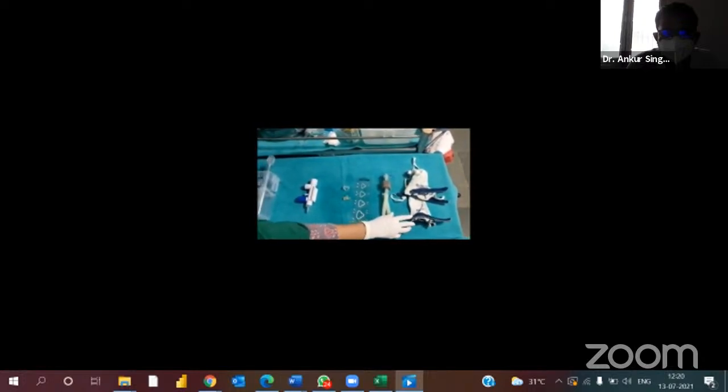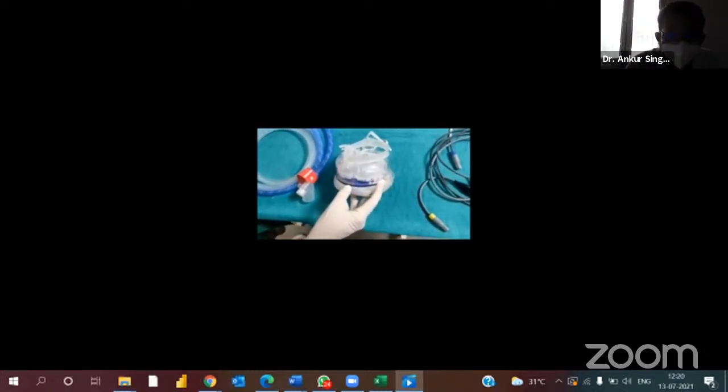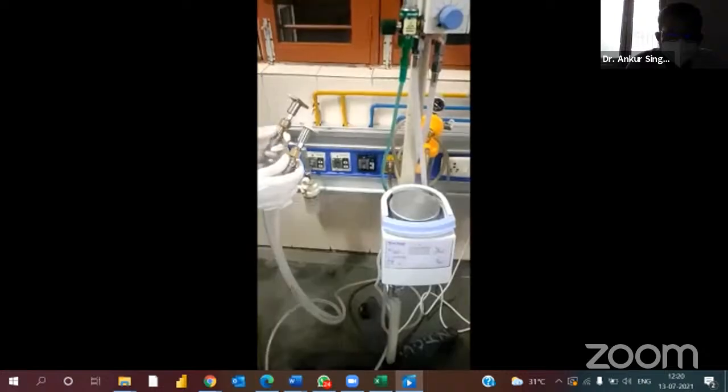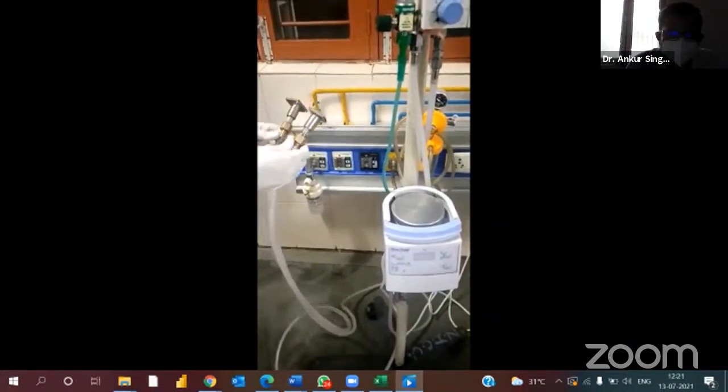These are the bonnets of various sizes, and size is estimated by measuring head circumference with measuring tape. This is the humidifier water chamber, which is placed onto the servo or auto humidifier, and water is filled up to this black mark.